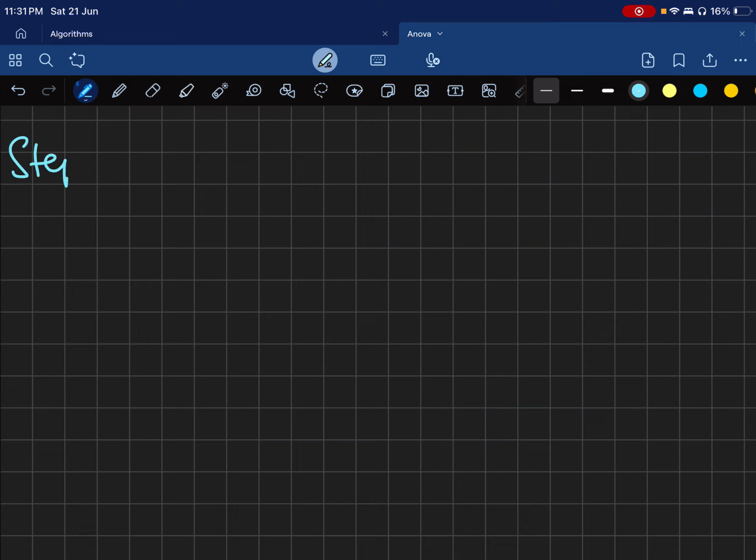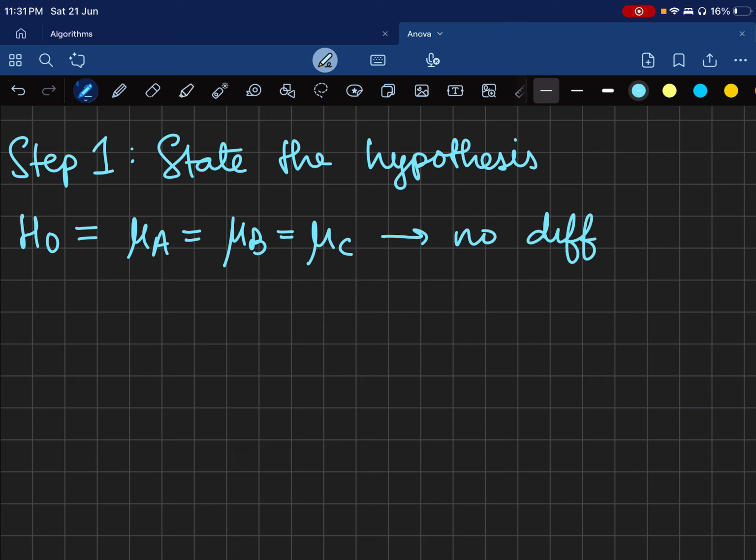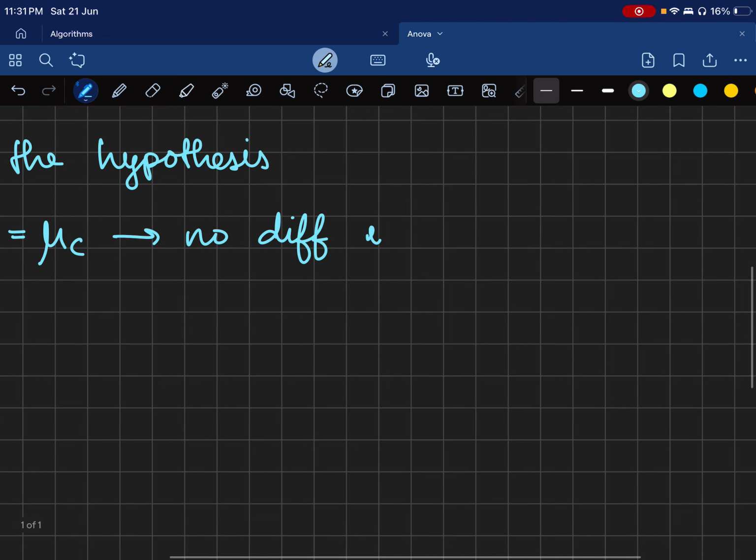Step 1 is to state the hypothesis. You state the null hypothesis H naught, which means mu A is equal to mu B is equal to mu C, which basically means no difference in the mean of weight loss.